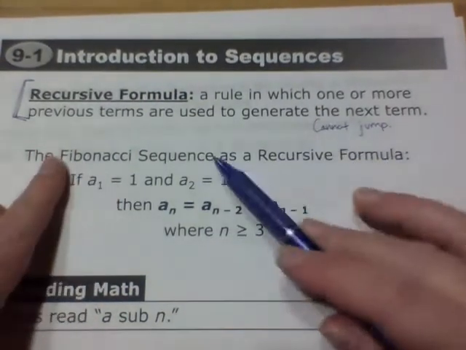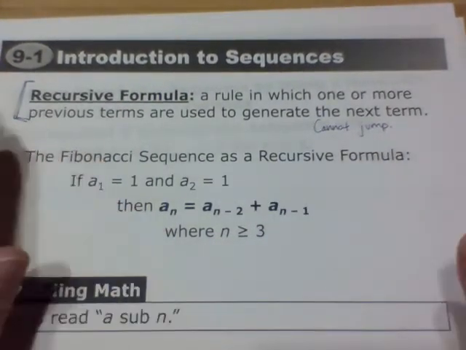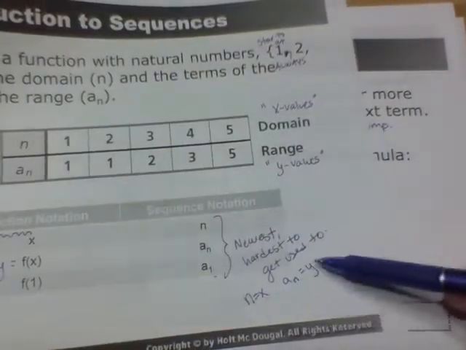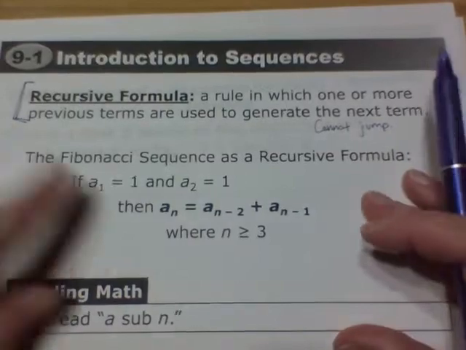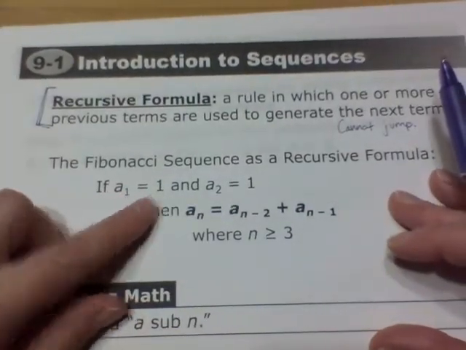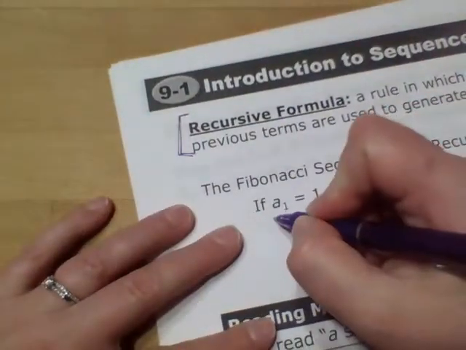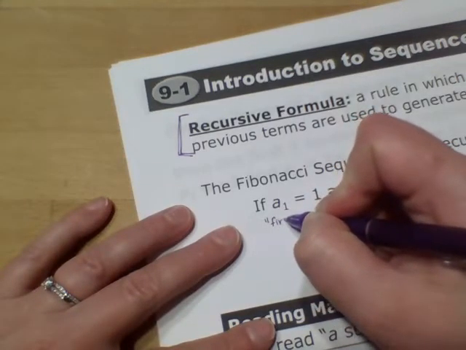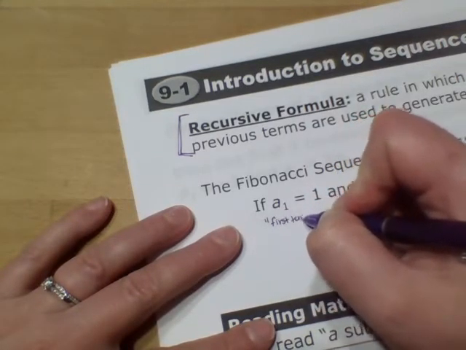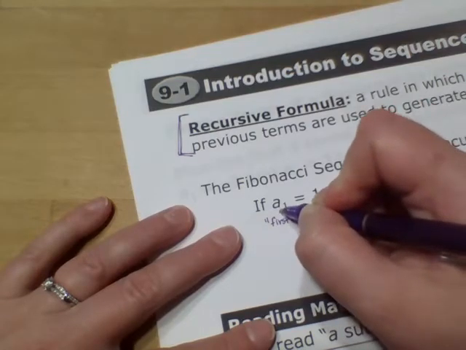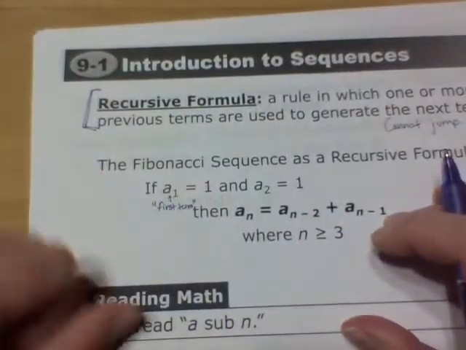So if we look at this notation here, again thinking of the previous notes on what represents x and what represents y, what they're saying is the first term is 1. So a sub 1 is saying the first term. So the first term is 1.